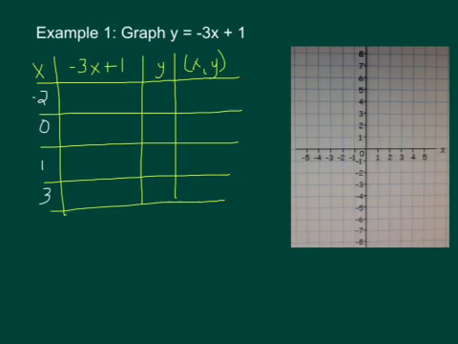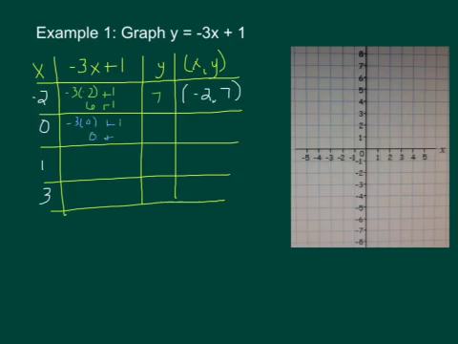So in our first one, we've got -3 times -2 plus 1. And that results in 7. So we have the ordered pair -2, 7. The next ordered pair is -3 times 0 plus 1.